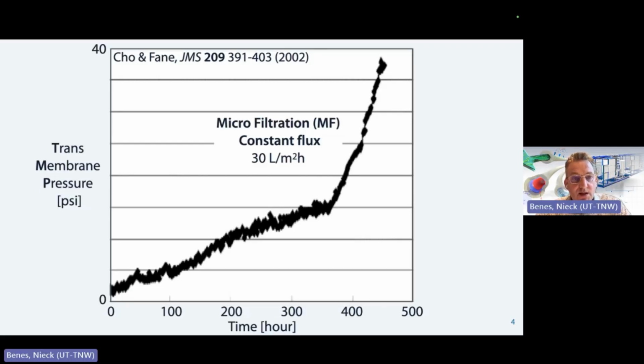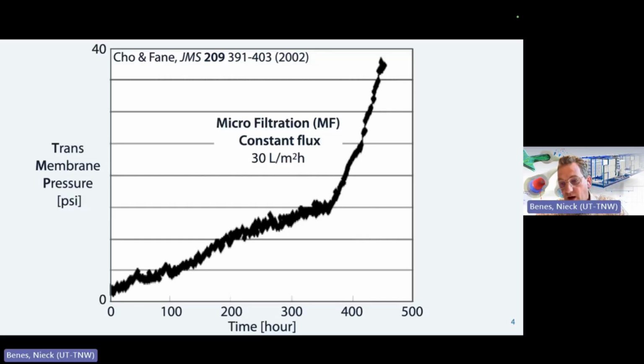We see this here. It's a relatively old paper where people have looked at the transmembrane pressure, so the pressure difference applied over a membrane, as a function of time in a microfiltration process, where they operate at a constant flux, in this case of 30 liters per square meter per hour. And what you can see is that over time, this transmembrane pressure has to increase.